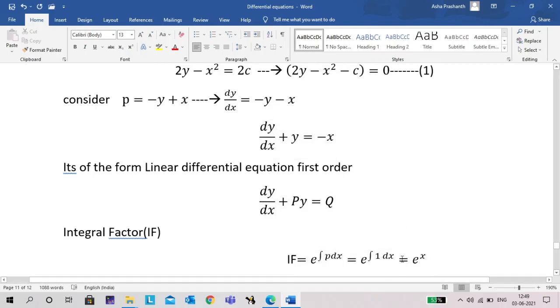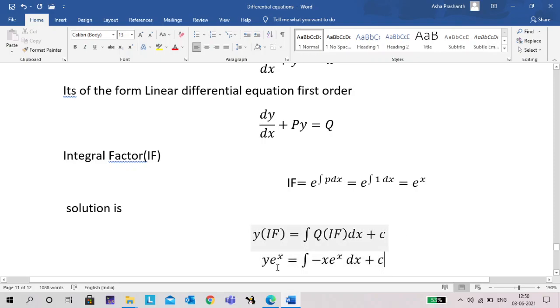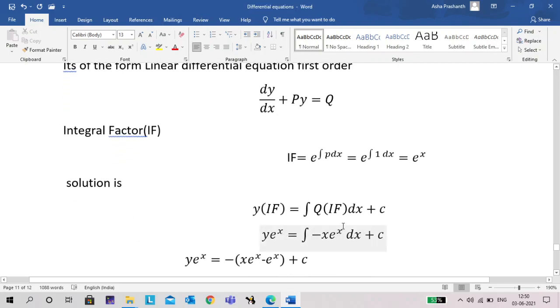So integral of 1 dx is x, the integrating factor is e power x. Next, the solution is y into e power x is equal to integral of q, which is minus x, times e power x dx, plus the constant.